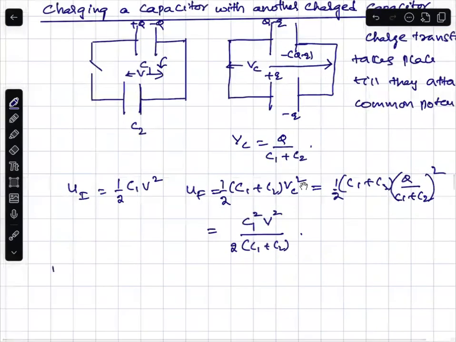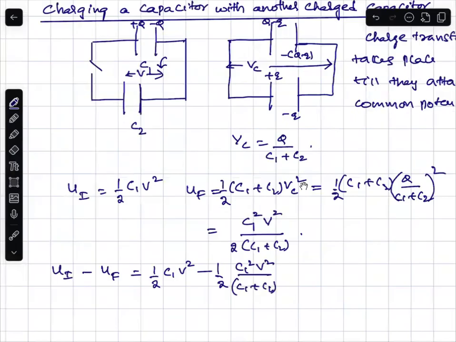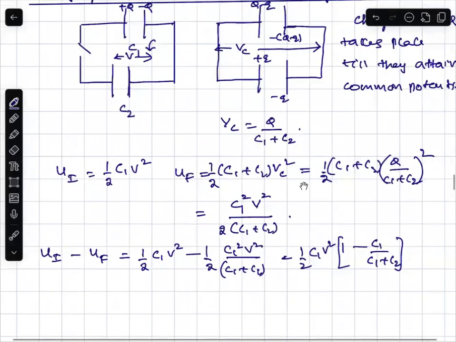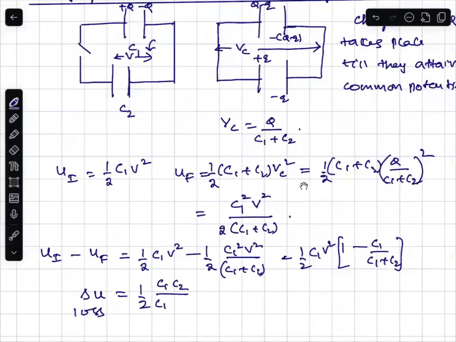So now I will take U initial minus U final. This is nothing but half C1 V square minus half C1 square V square by C1 plus C2. In this, if you take half C1 V square common, minus C1 by C1 plus C2. So therefore, the loss in energy is nothing but half C1 C2 by C1 plus C2 into V square.